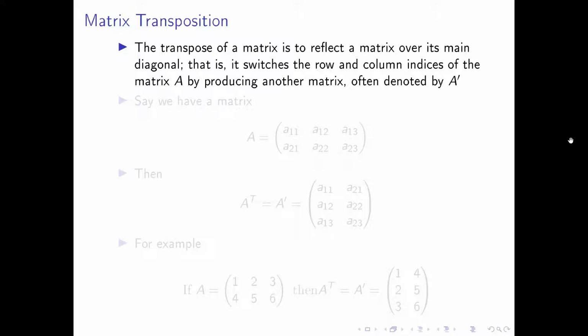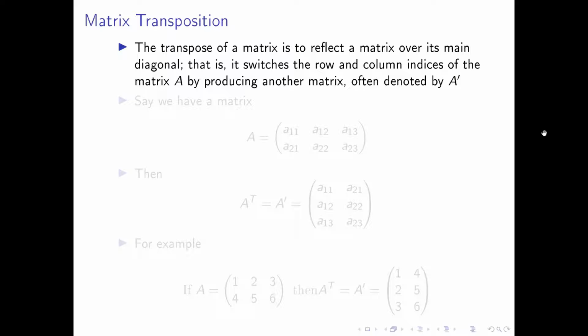And this slide talks about matrix transposition or transpose matrices. The transpose of a matrix is to reflect a matrix over its main diagonal. That is, it switches the row and column indices of the matrix A by producing another matrix, often denoted by A prime or A transpose.